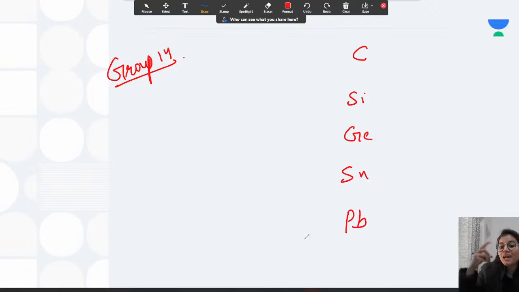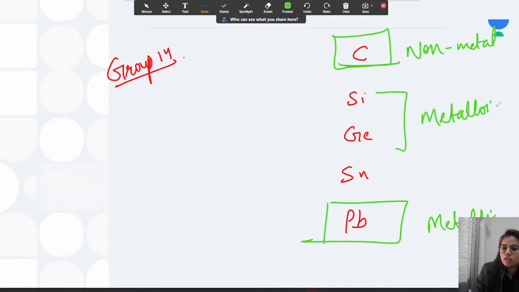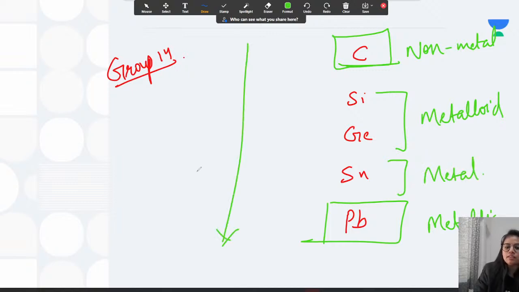As I told you, the metallic character increases as we move from top to bottom, which means this will be the most metallic and this will be the least metallic, which means this will be a non-metal. So carbon is a non-metal, silicon and germanium are the metalloids, and again this is a metal. So metallic character is increasing and non-metallic character is decreasing. This is the trend that we will be seeing down the group.